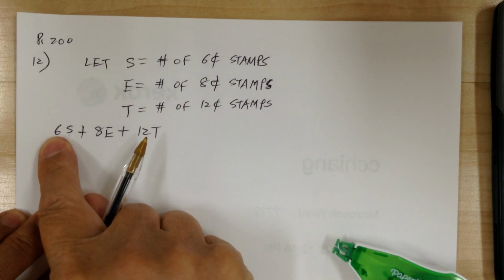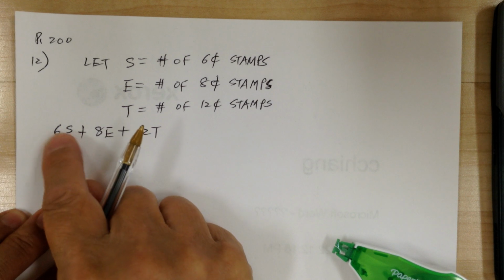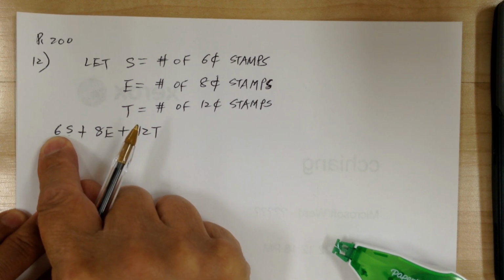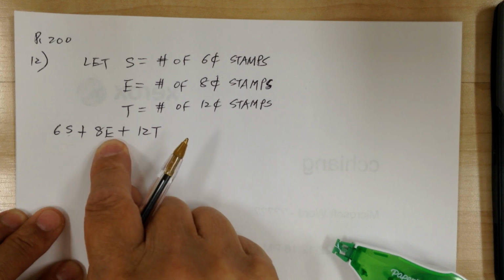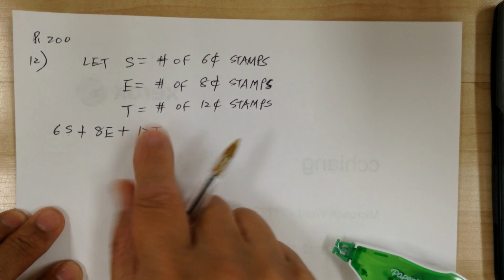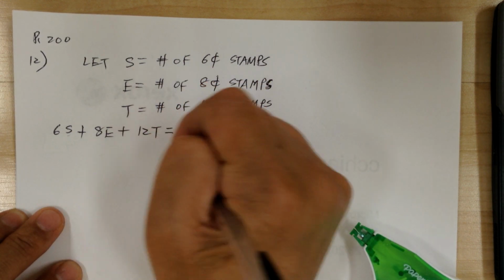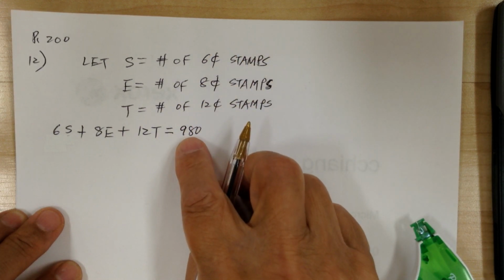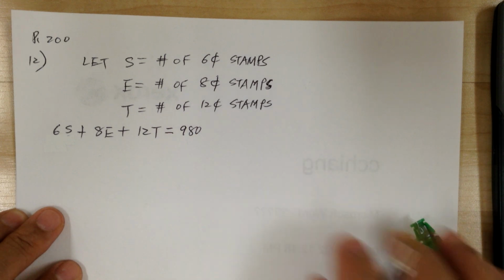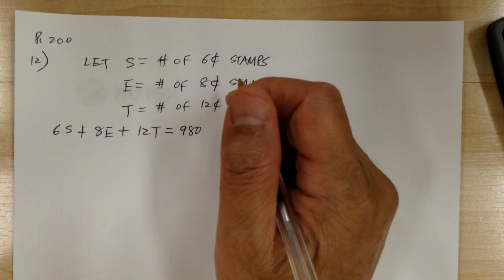So again, each of these kinds of stamps is worth a certain amount: 6 cents for one stamp times the number of stamps, 8 cents for one stamp times the number of stamps, 12 cents for one stamp times the number of stamps. And this will equal a total of 980 cents. Again, you use cents, so you have to convert $9.80 into 980 cents. Okay, so that's the first equation.